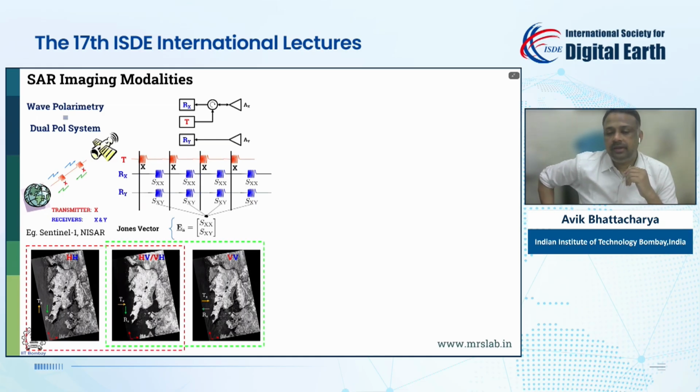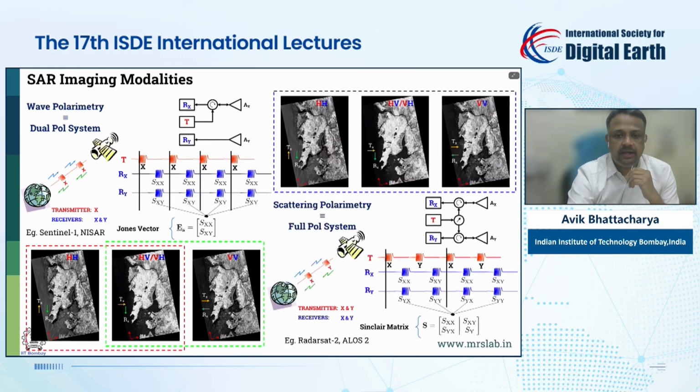So in Sentinel-1, you have VV and VH. When you move to the full-pol scenario, you have four measurements. You send two polarizations, X and Y, and you measure XX, XY, YY, and YX, to have four measurements.